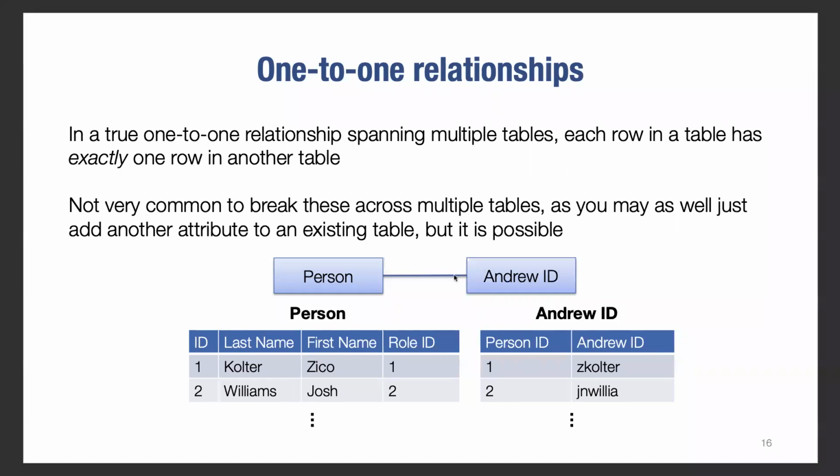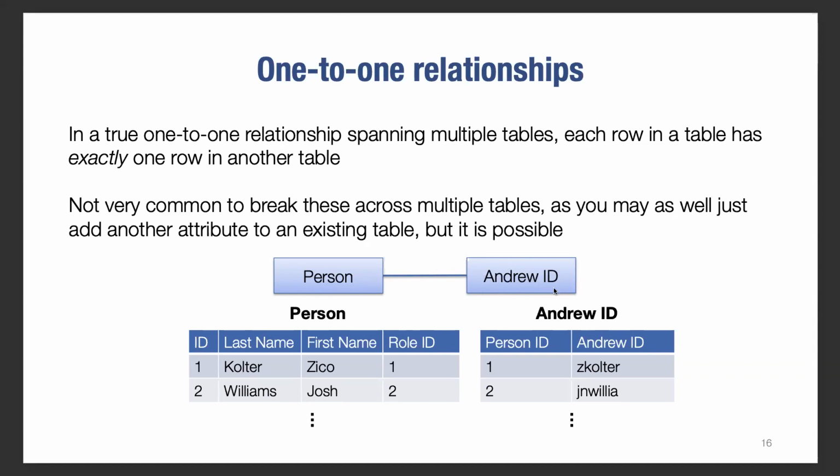For instance, in this example now, the person and Andrew ID. The Andrew ID is a unique identifier for students at Carnegie Mellon University, right? So it's a unique student identifier.